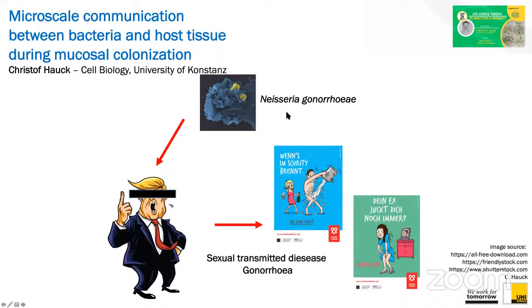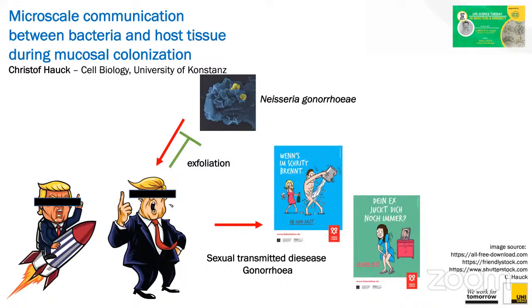One of his model organisms is Neisseria gonorrhoeae, a potent colonizer of the human urogenital tract, causing the sexually transmitted disease gonorrhea. A protection mechanism of our body against mucosal colonization is the so-called exfoliation, which is, generally speaking, a rapid shedding of our outermost epithelial cell surface layer to efficiently remove the attached bacteria.